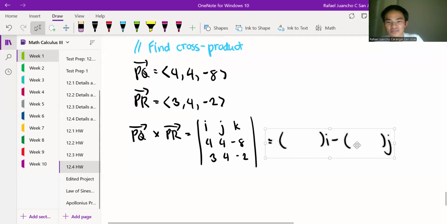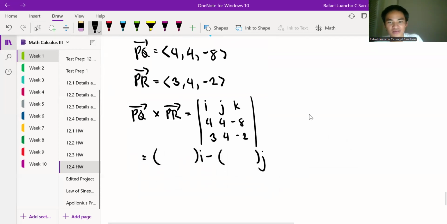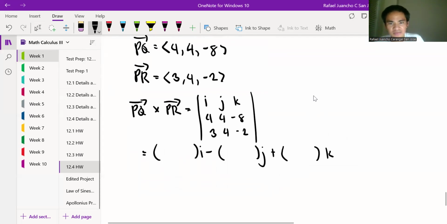I like this trick. This is what our professor taught us. It's really quick and easy. We add it, and we cancel. So I'll just do it. So 4 times -2 is -8, minus, or actually plus 32, because 4 times -8 is -32.